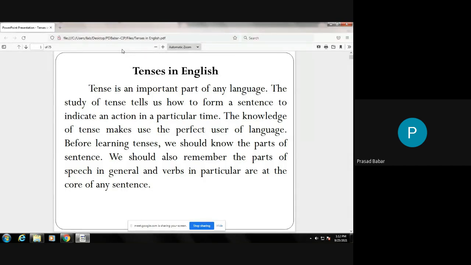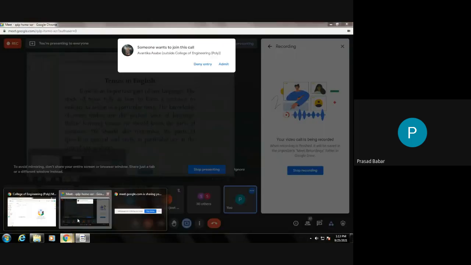And in the present tense, the actions that we usually do, the habits that we have, are shown. That is why we use these three tenses to construct sentences.